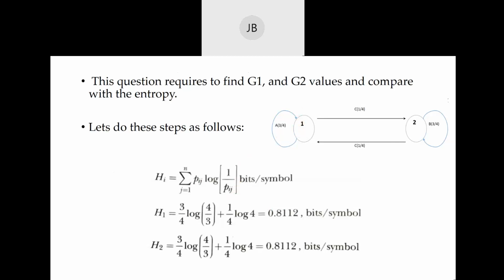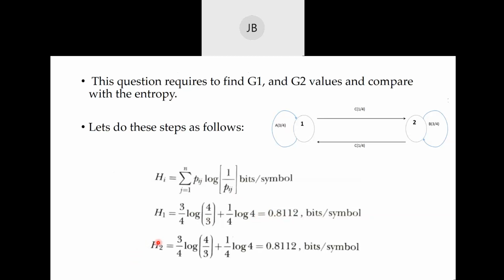Either from state 1 again, or from state 2, right? In both cases we attain state 1, either from state 1 getting state 1 again, or a transition from state 2 to state 1. So what are the probabilities here? That is 3 by 4 log 1 by 3 by 4 plus 1 by 4 log 1 by 1 by 4. So many bits.